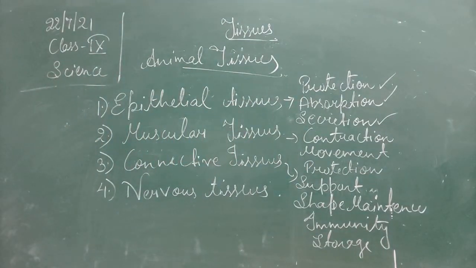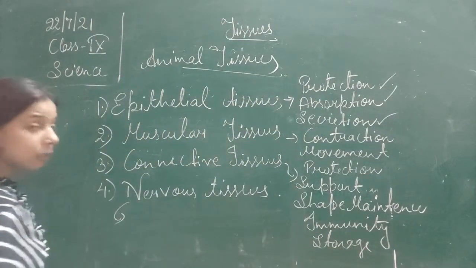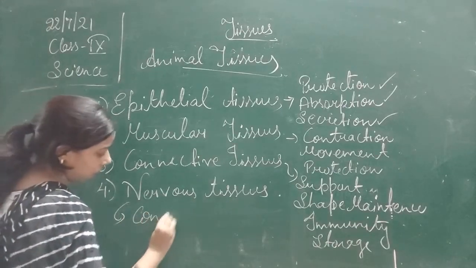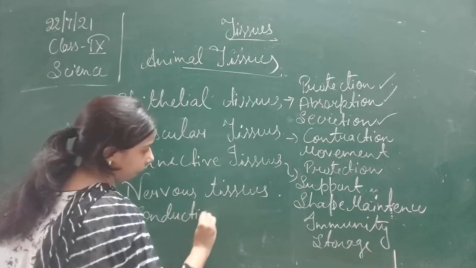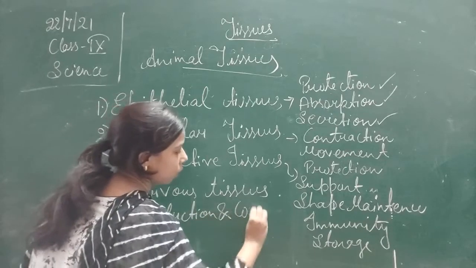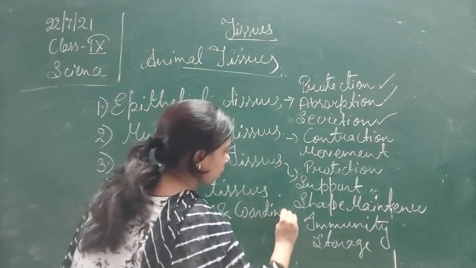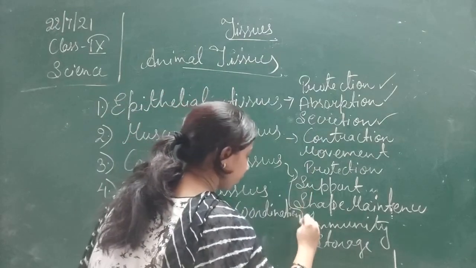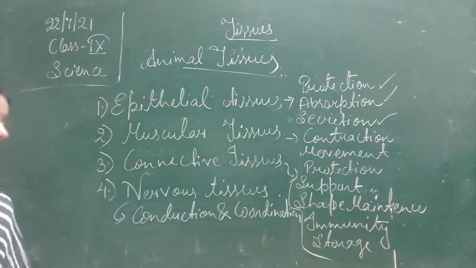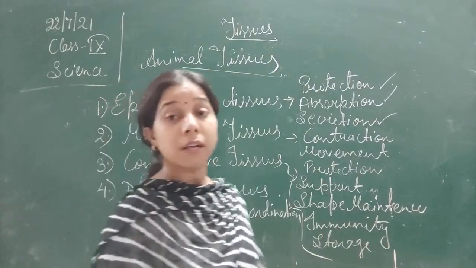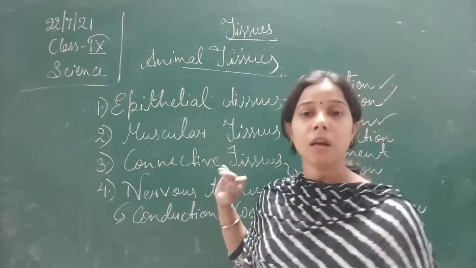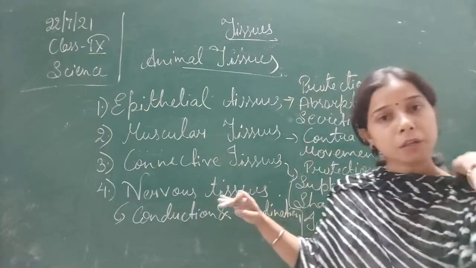While in case of nervous tissue, I am writing it here, it will be conduction and coordination. Conduction and coordination. These are the major functions of epithelium, muscular, connective tissue and the nervous tissue.